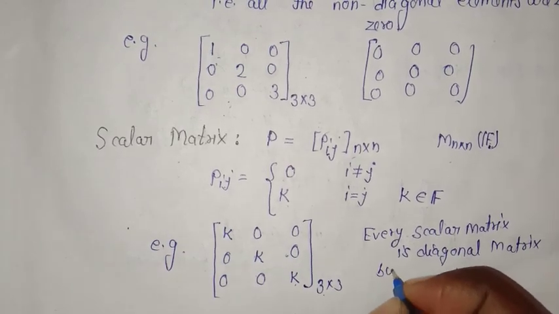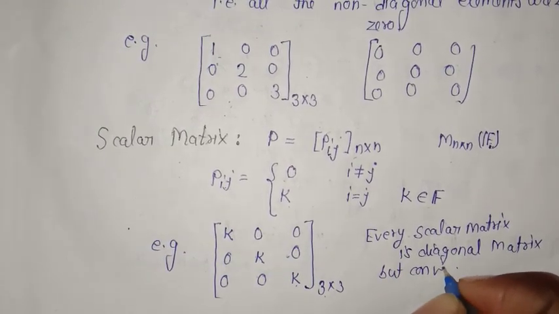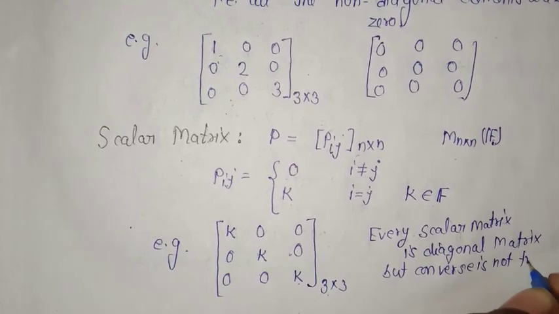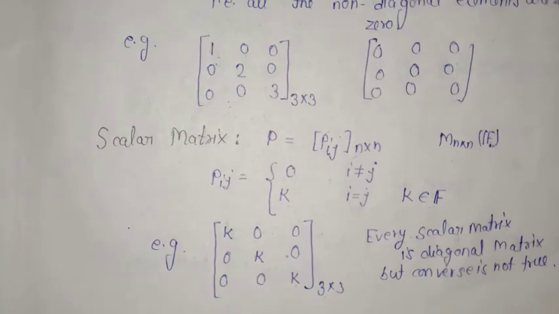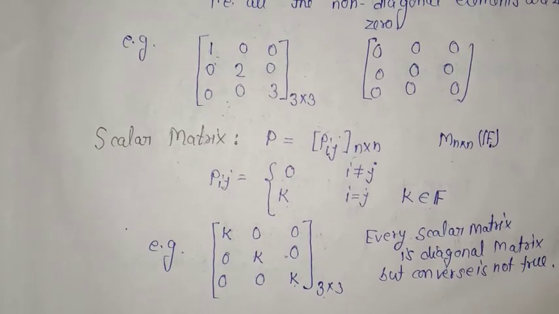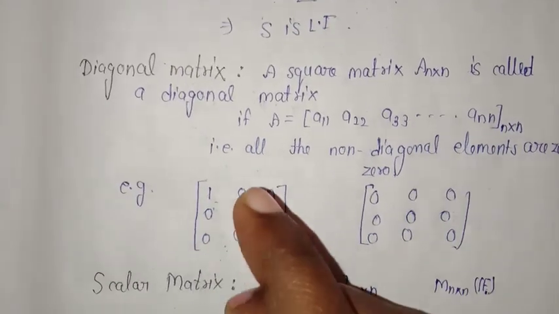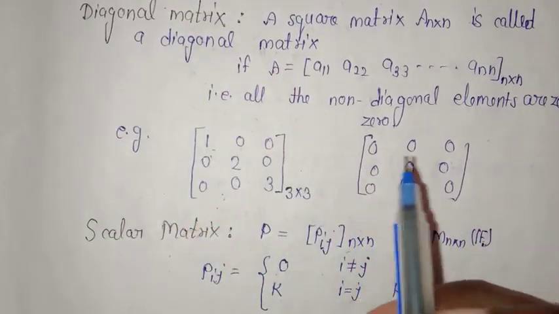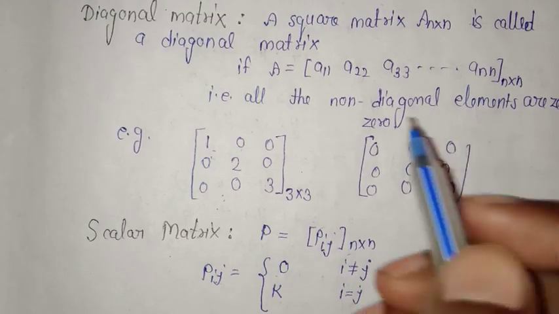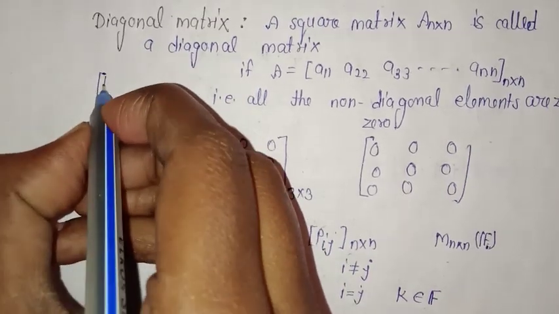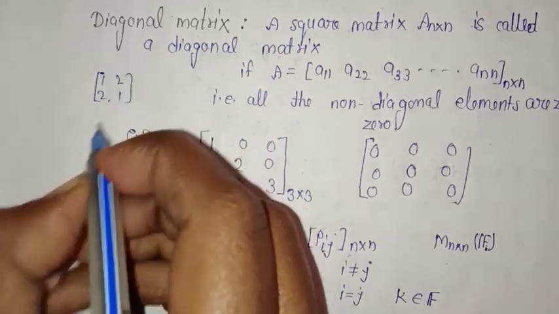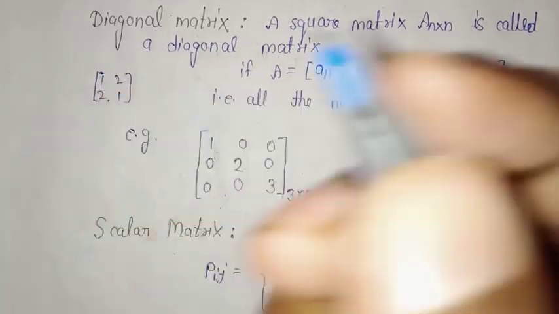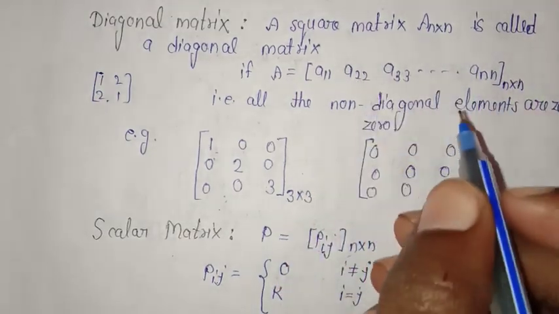We also have one more conclusion: every diagonal matrix is a square matrix, but the converse need not be true. If you choose the square matrix 1 2 2 1, this is a square matrix, but it is not a diagonal matrix. So every diagonal matrix is a square matrix, but the converse is not true.